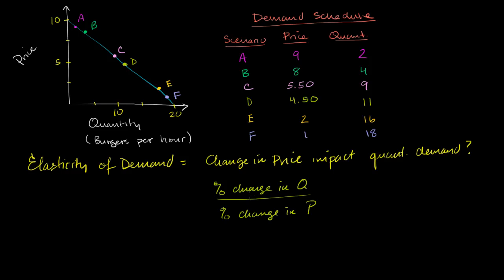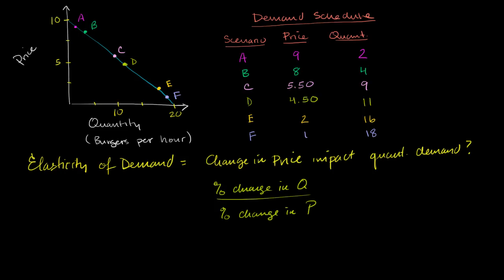And the reason they do this, as opposed to just change in quantity over change in price, is because that would give a number specific to the units you're using, whether quantity per hour, per week, or per year. But a percentage is a unitless number, because you're taking a change in some quantity divided by that quantity, so the units cancel out.